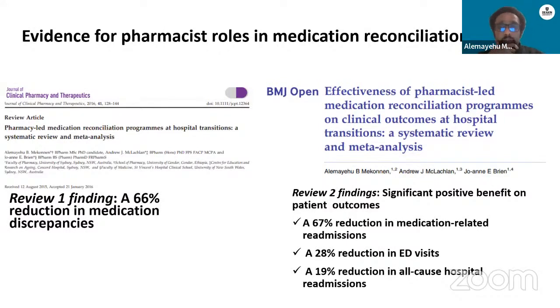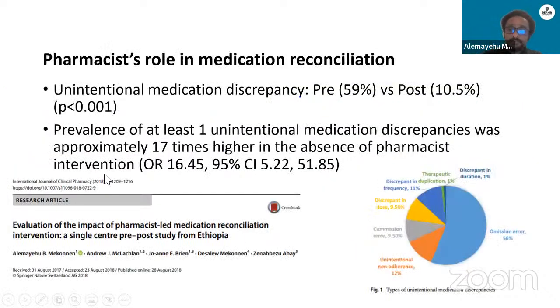The results show that yes, they do. Pharmacy medication reconciliation programs can result in a decrease in medication-related readmissions and a reduction in emergency department visits. So these are very important findings.